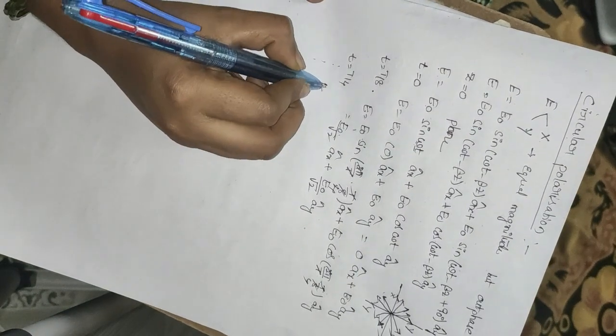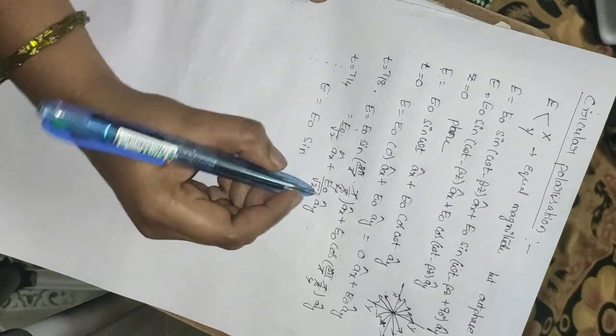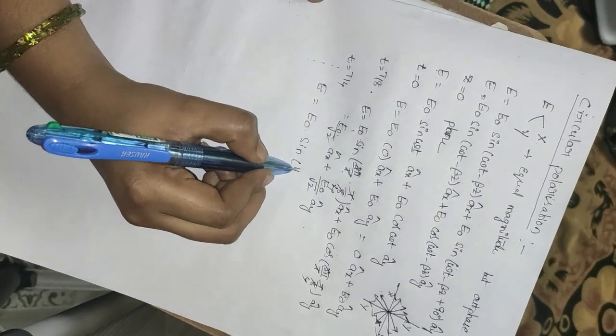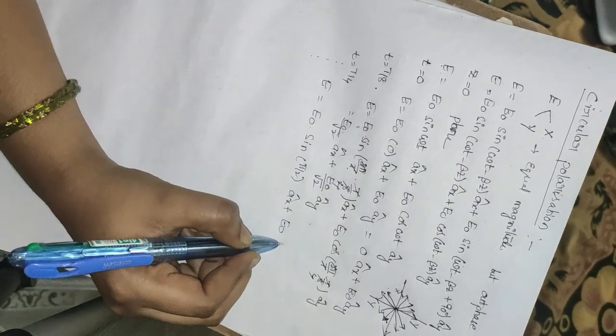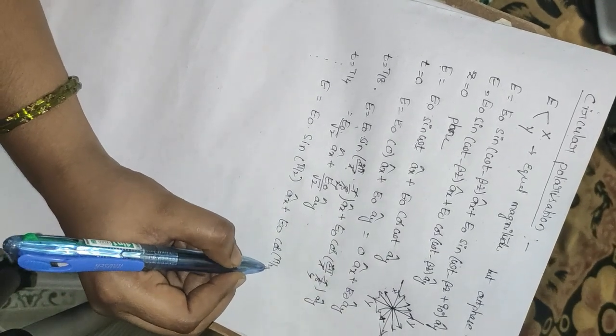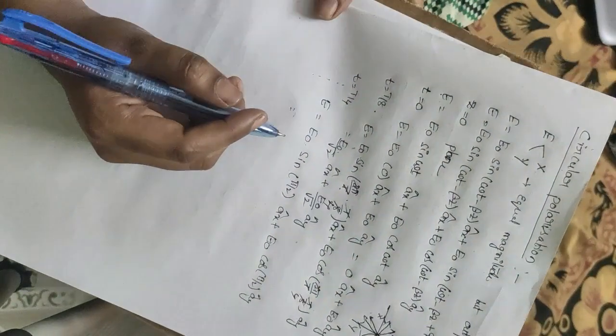At t is equals to T by 4, you will have E naught into sin of 2 pi by T into T by 4, which will become pi by 2, ax cap plus E naught into cos of pi by 2 ay cap. Pi by 2 is 90 degrees.